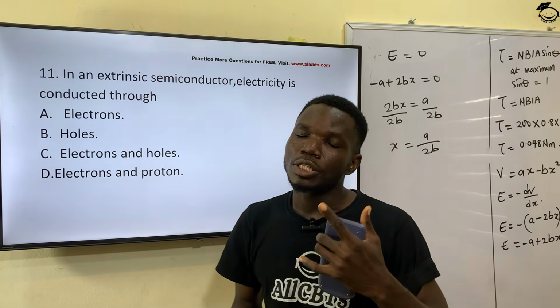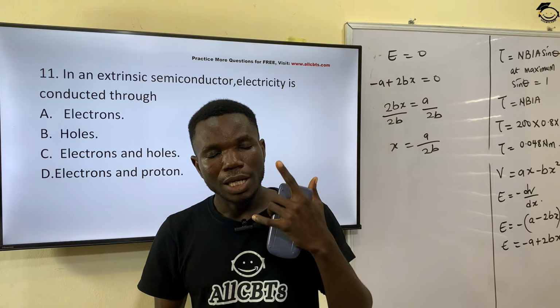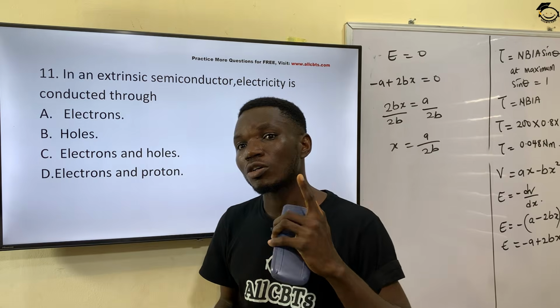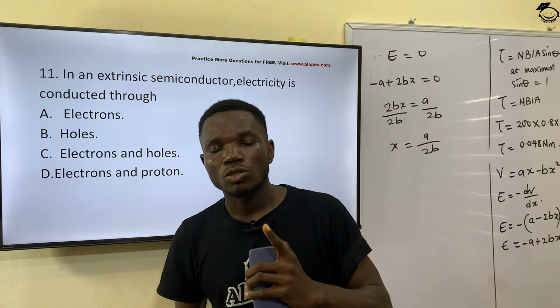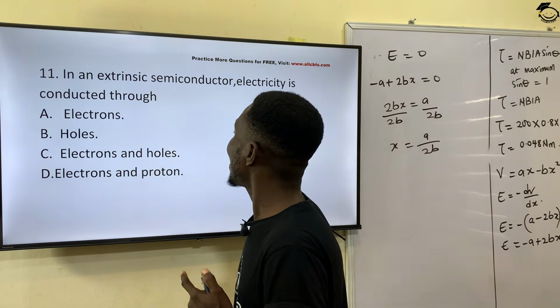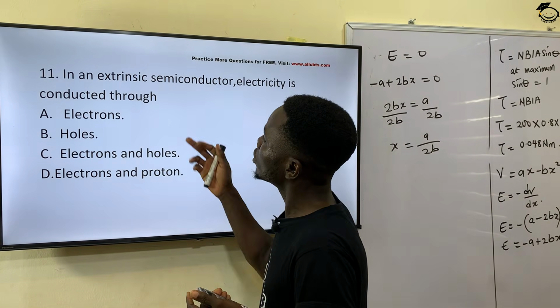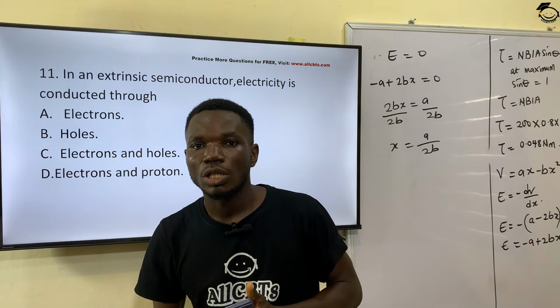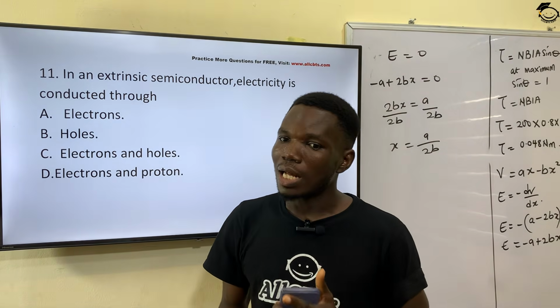In a P-type conductor, the electricity is conducted through holes. So generally, in an extrinsic semiconductor, the electricity is conducted through electrons and holes. The correct answer is option C, electrons and holes.